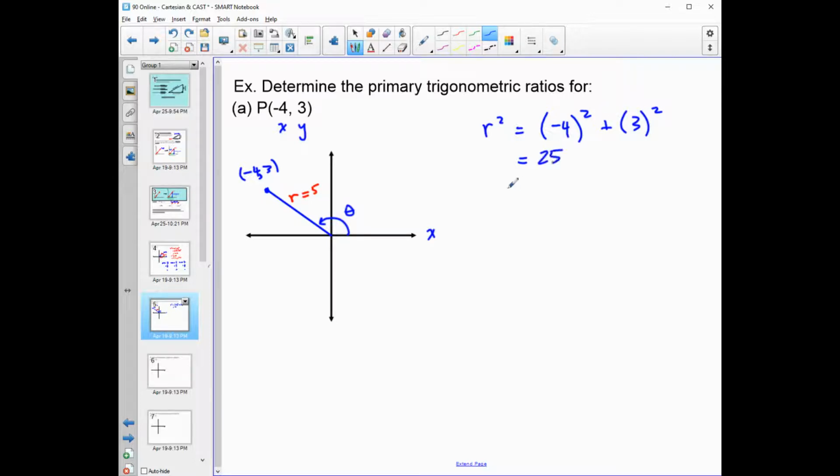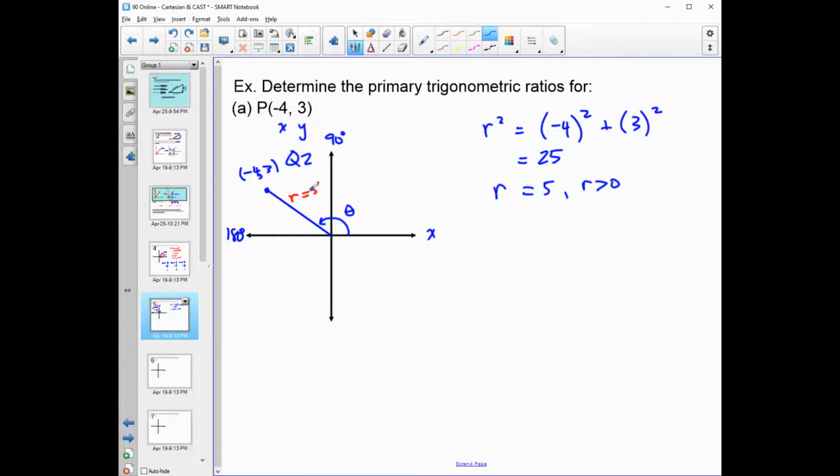So once again, we end up with r squared equals 25, and r itself is equal to 5. So now I have my x, my y, and my r. I have this angle, and as you can see, this angle is over here in quadrant 2, and it's an obtuse angle. It's an angle greater than 90 degrees, but less than 180 degrees.